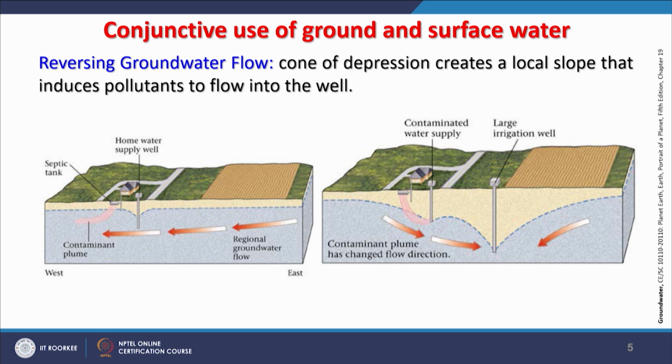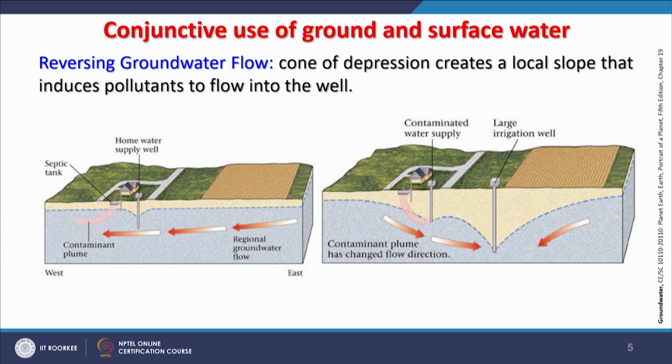The more the withdrawal of water, the more you are forcing the base of that cone of depression down, and a large area is getting empty, and whenever there is rain or some other infiltration, it might take the water or the pollutants from surface to subsurface.